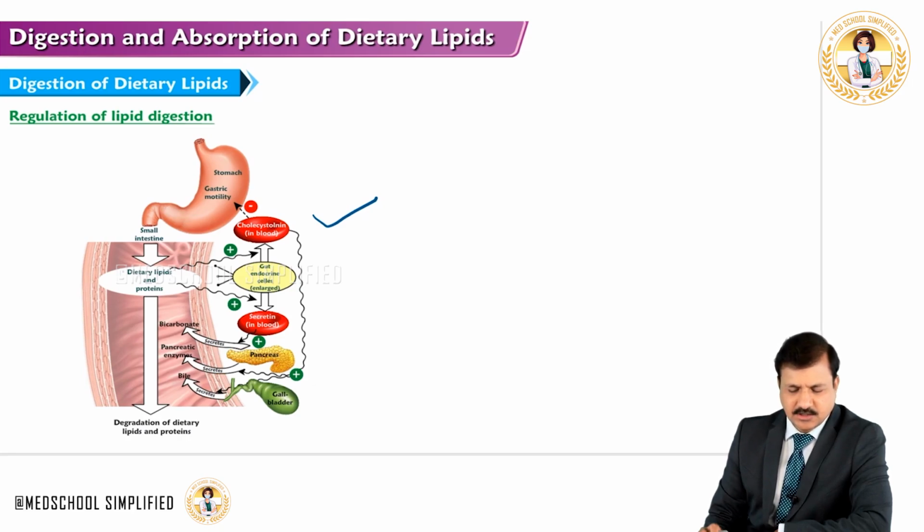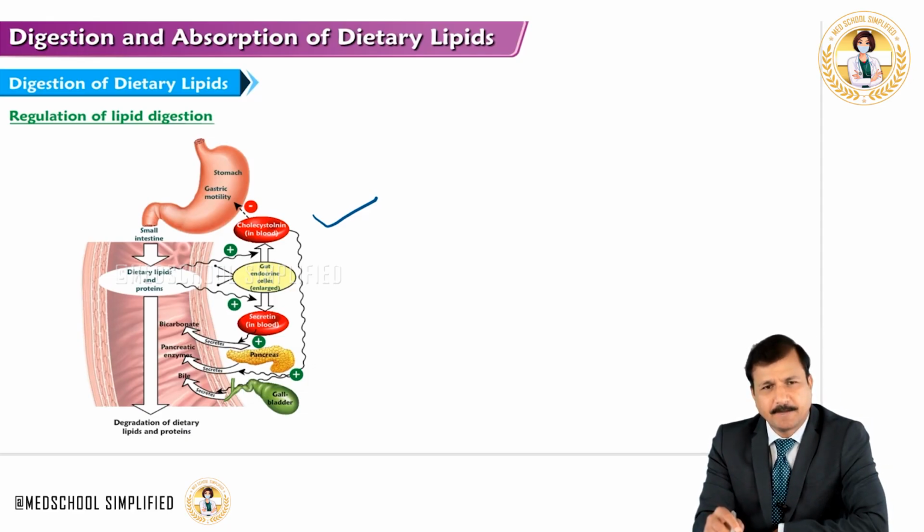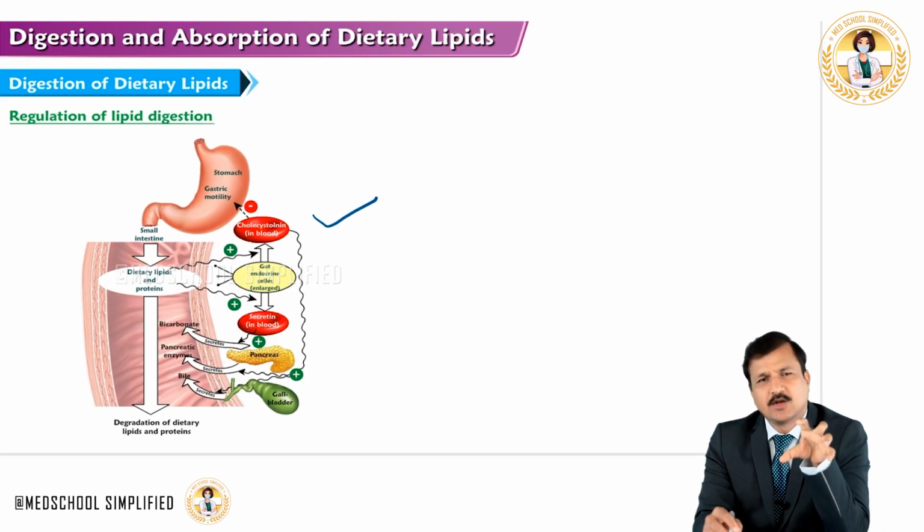Along with that, cholecystokinin is going to inhibit gastric motility, thereby gastric contraction is not going on. So it allows sufficient time for the small intestine to digest the lipid that has already reached the small intestine coming from the stomach.